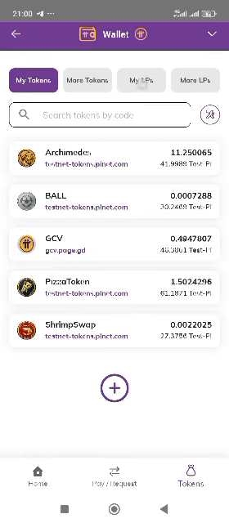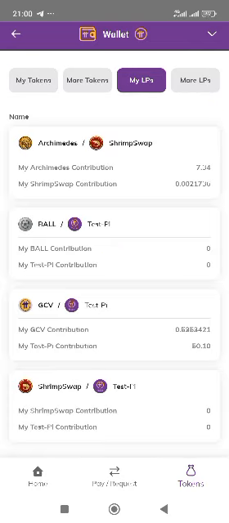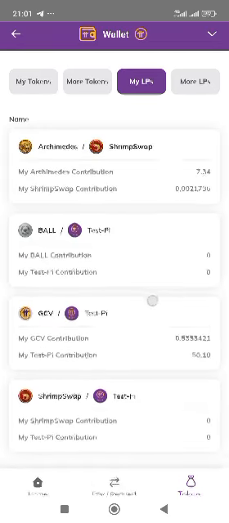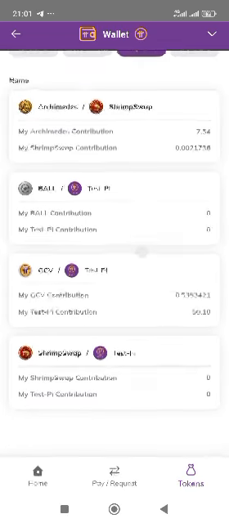So I'm just going back to do a form of recap. This one is my liquidity. It means any coin that I've provided liquidity to, I'm going to see it here. Going by this interface, I've provided liquidity to how many coins? 1, 2, 3, 4.